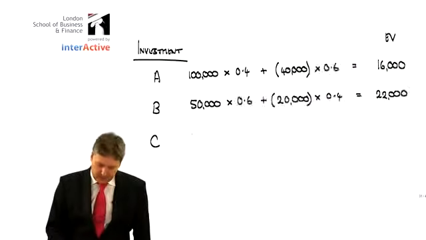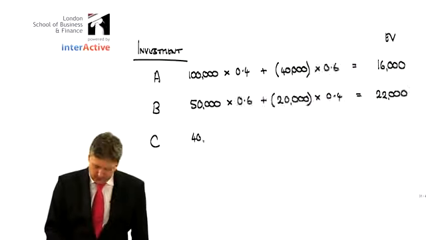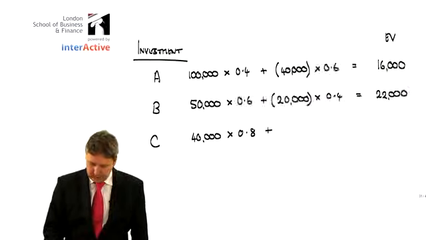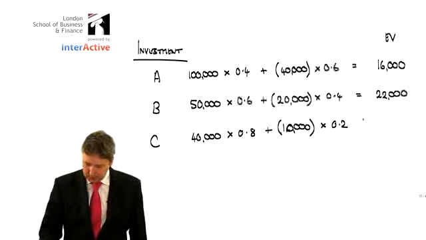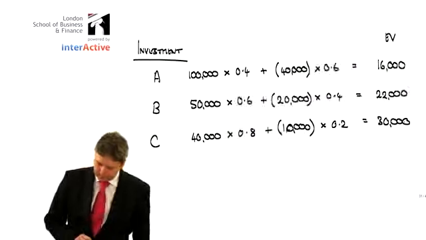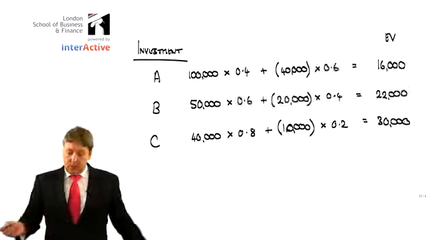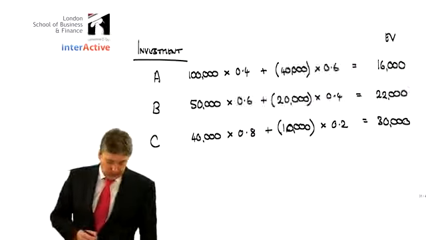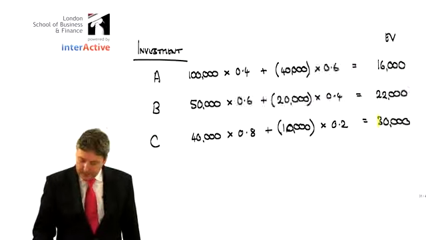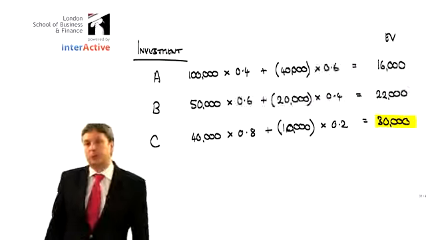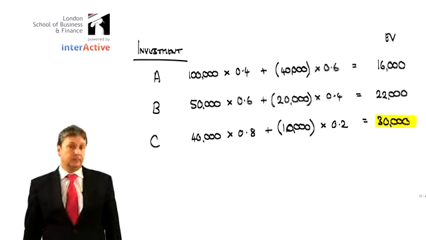And if we look at investment C, 40,000 multiplied by 0.8 plus minus 10,000 multiplied by 0.2 comes to 30,000. So what would we select? Well, presumably, based on expected values, the best option is option C.